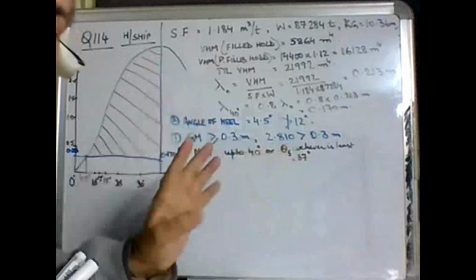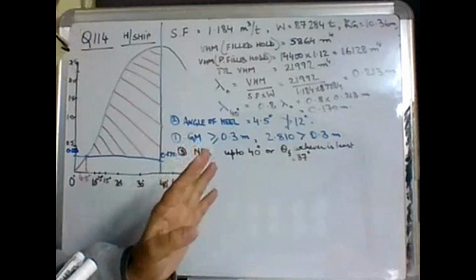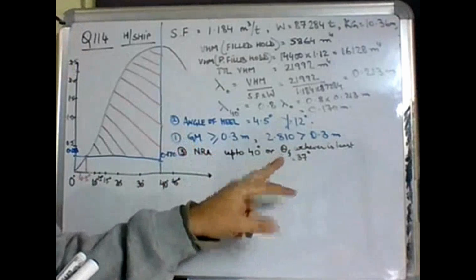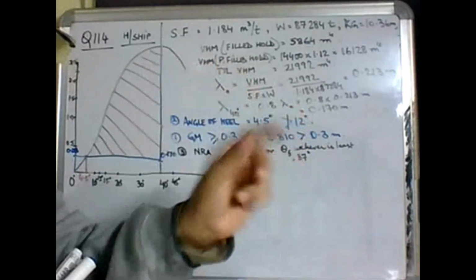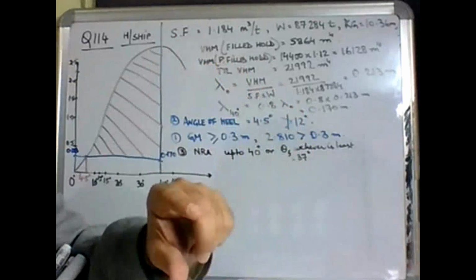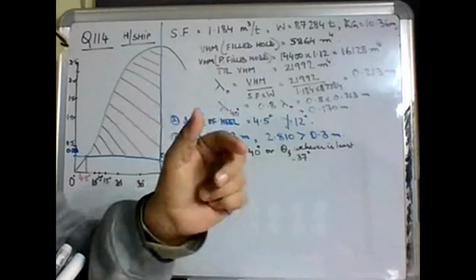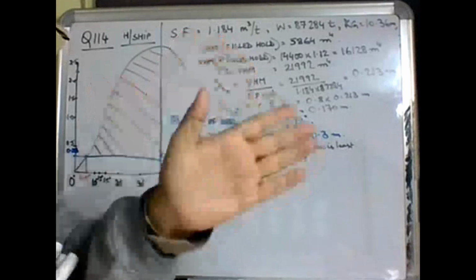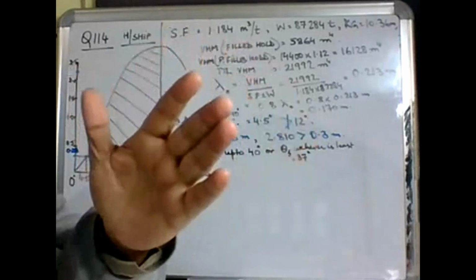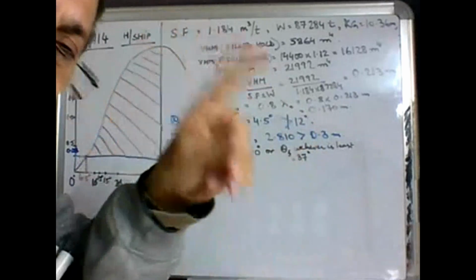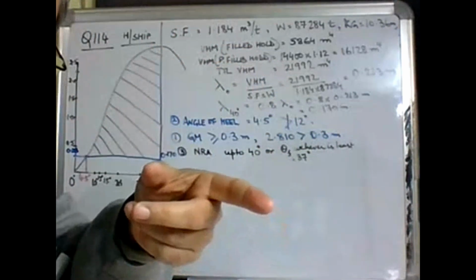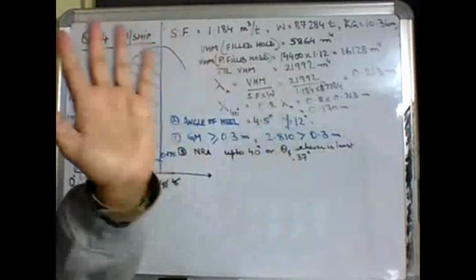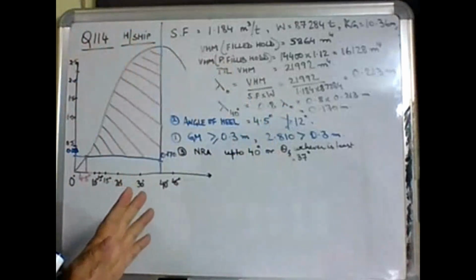So be careful, जब क्वेश्चन में एंगल ऑफ फ्लडिंग दिया हुआ होगा तो 40 डिग्रीज और एंगल ऑफ फ्लडिंग, whichever is least. तो अगर एंगल ऑफ फ्लडिंग 39 दिया हुआ है तो you will take 39, अगर 41 दिया हुआ है तो then you will take 40. Got it?